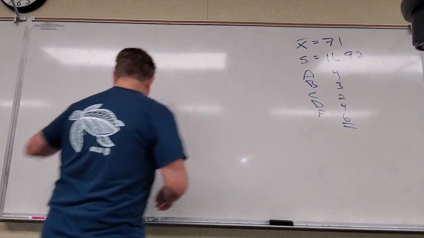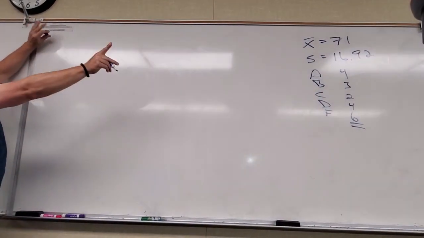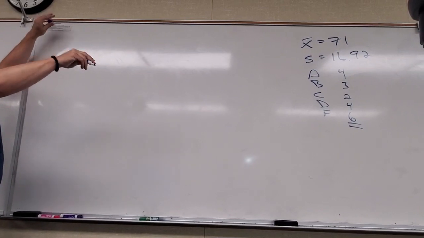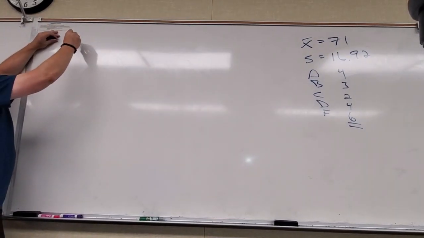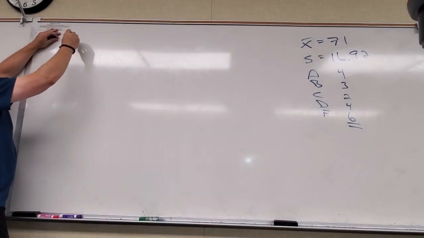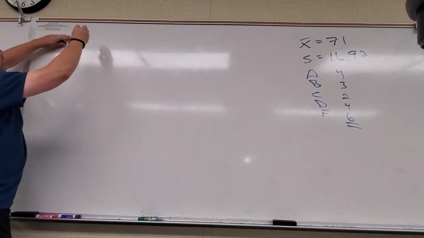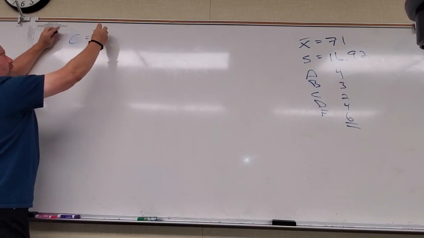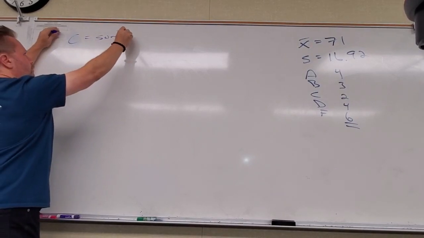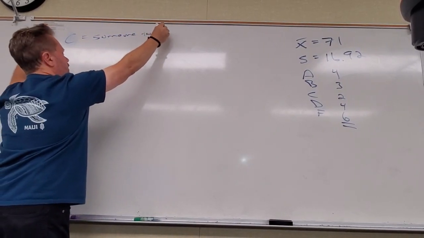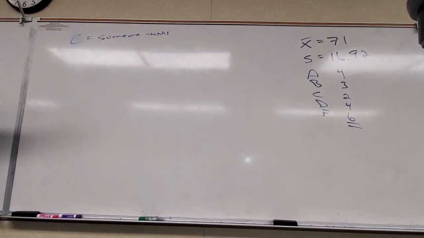So if I want the probability, let's see. This is all about thinking the chocolate milk. Let's call it C. C is the event that somebody thinks that chocolate milk comes from brown cows. You with me? All right, cool.